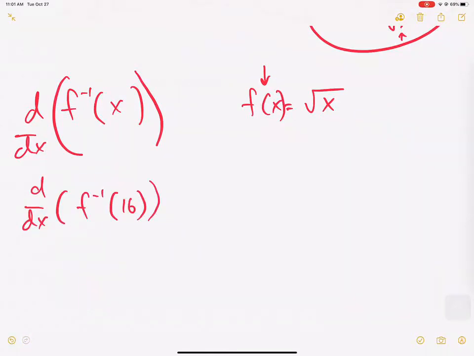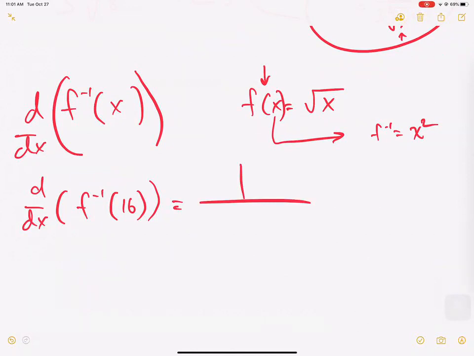Well, we could solve for the inverse. You could say the inverse is x squared. Right? You could do that. But instead of doing all that work, the answer is this. It's 1 over, what is the inverse of this function?